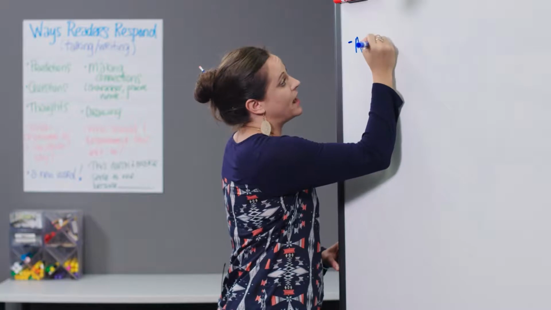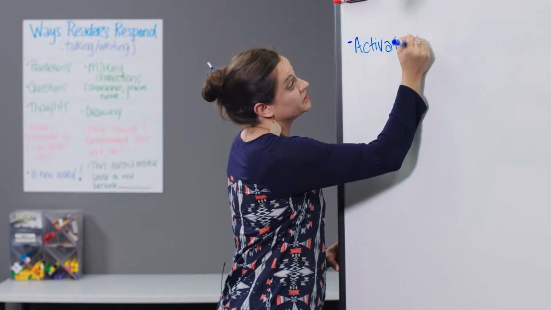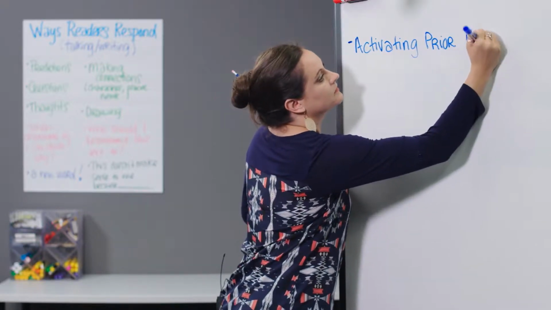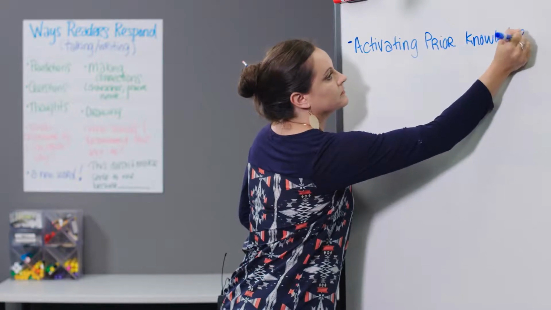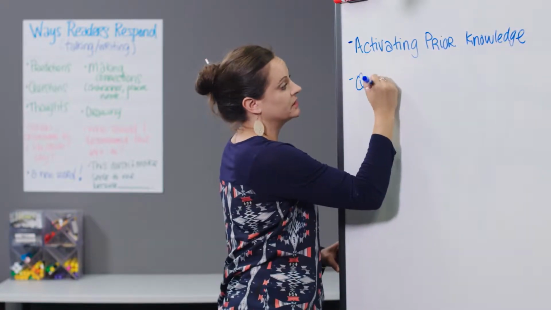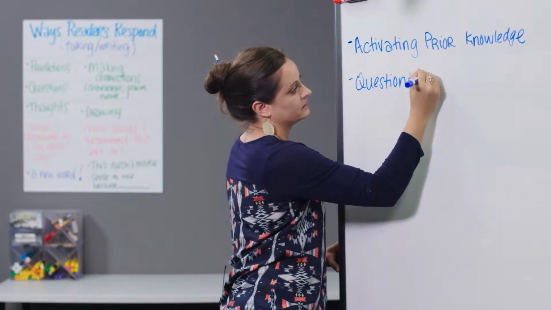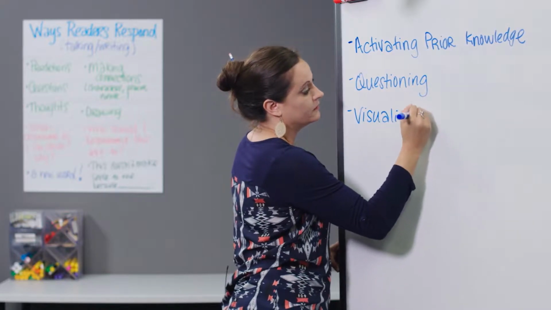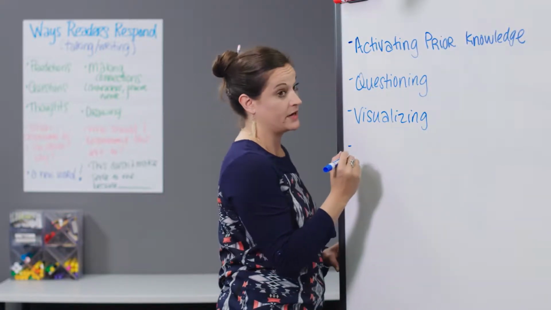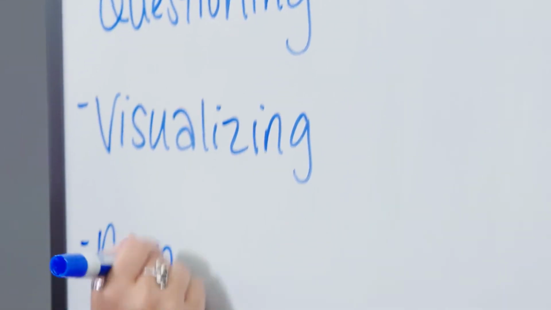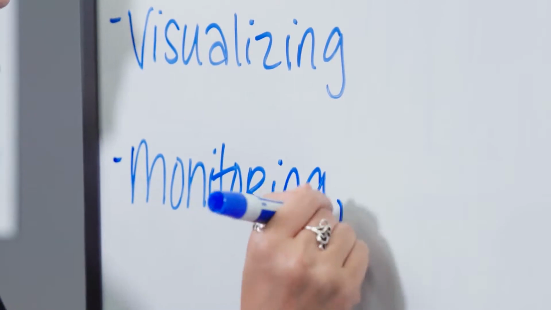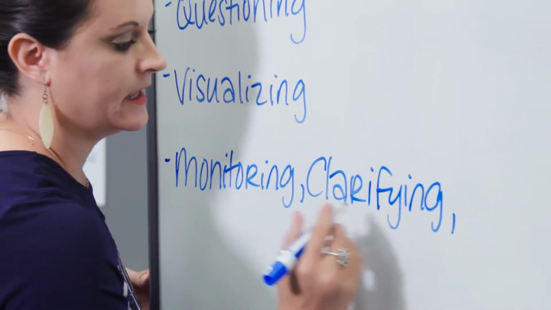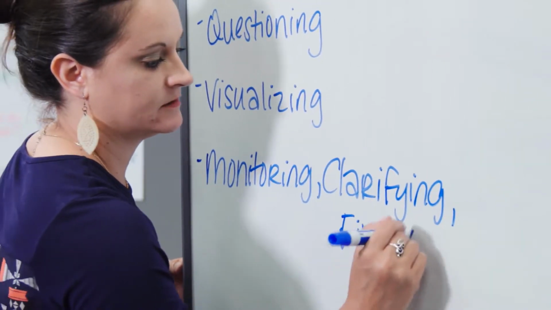We have activating prior knowledge, using your schema, questioning, which we're going to talk about more in depth, visualizing or creating mental images of what we're reading as we're reading, monitoring comprehension, clarifying meaning, and other fix-up strategies.